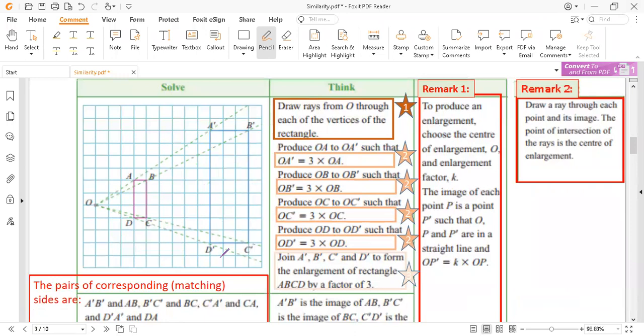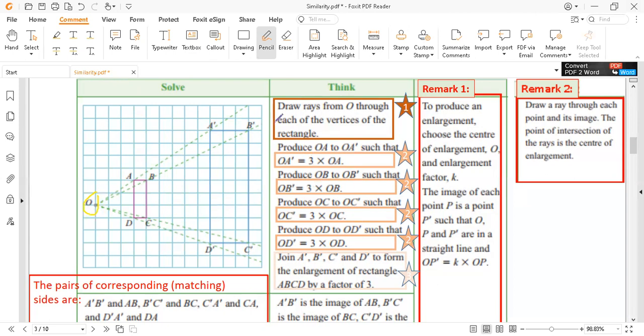These two rectangles are similar, not congruent, not identical, but similar. Why? Because the blue rectangle, the big one, is an enlargement of the purple one using a center of enlargement, which is O here, and an enlargement factor or scale factor K.